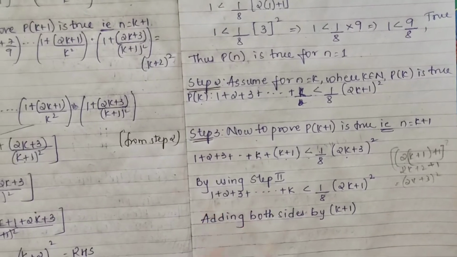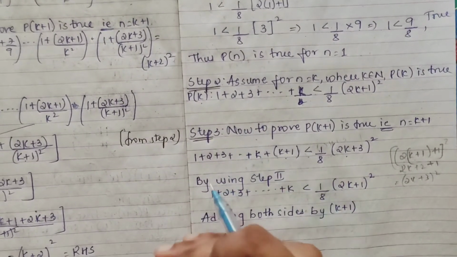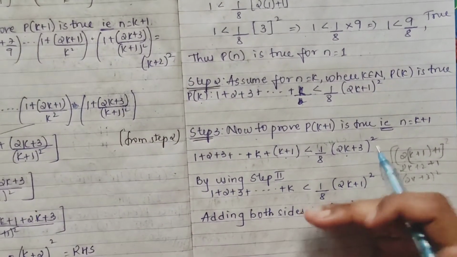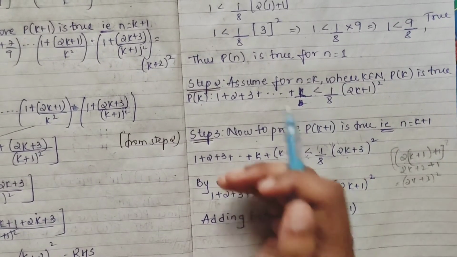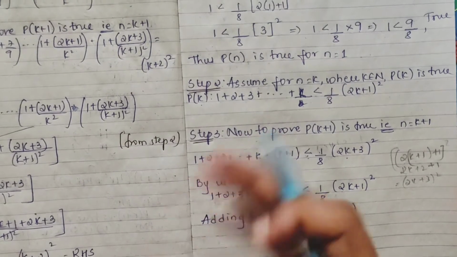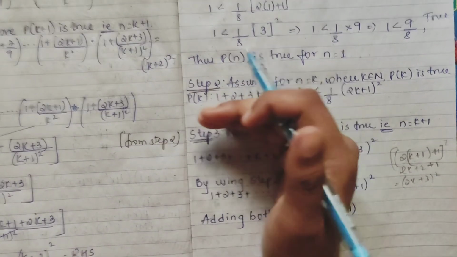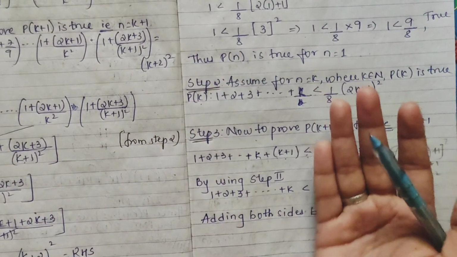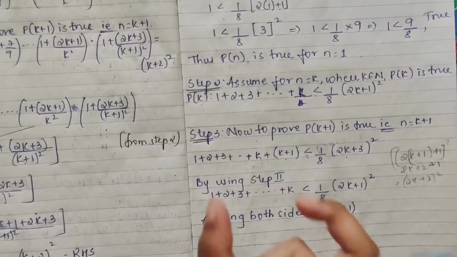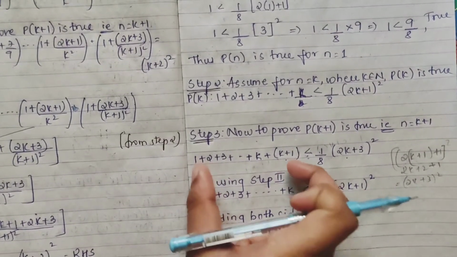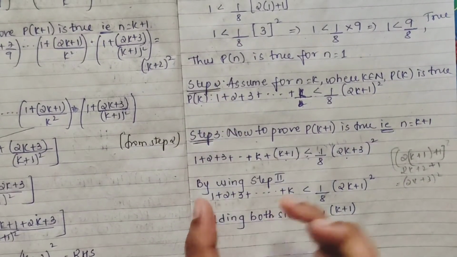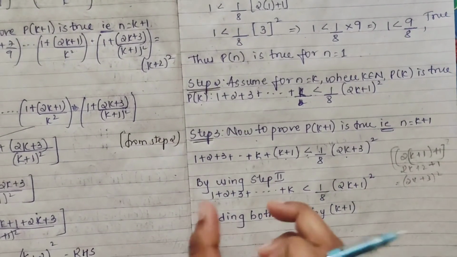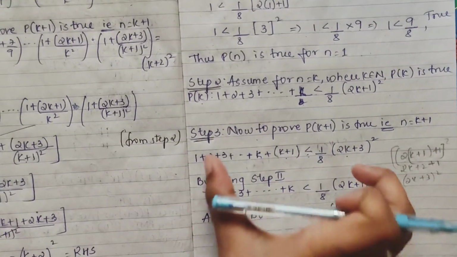Now next, usually what we do, we consider our LHS part and prove our RHS, but here there is no equality sign, so we can't go with LHS, and for that we take help of our step 2 itself. From our step 2 only we go ahead for our step 3. So here we can't take just this whole part because from this we can't prove. So we will take the whole of step 2 and then prove our step 3 part.